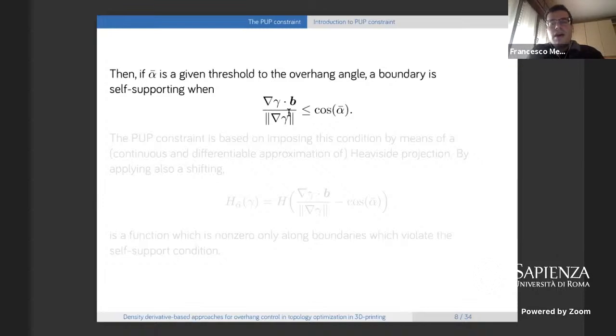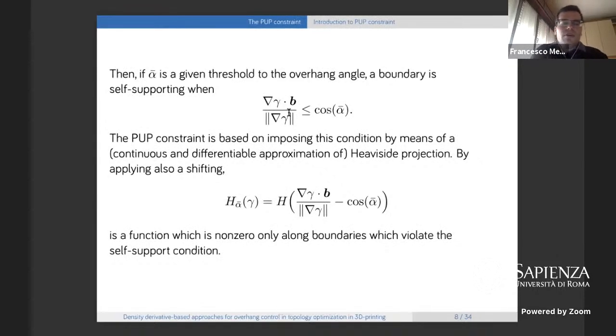In particular, in the PUP, we use a shifted Heaviside projection to build a function, which is this capital H of alpha bar, a function which is non-zero only along boundaries which violate the self-support condition. Now, we don't have time to go into details for the mathematics, but thanks to a shifted Heaviside projection, we obtain this function.